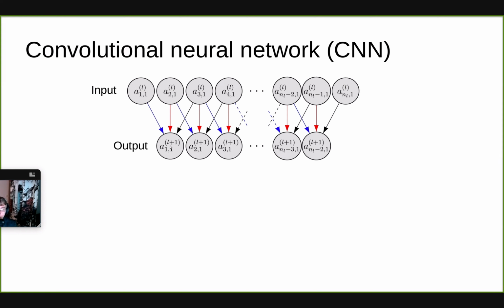Then the way that we get an output in a convolutional neural network layer is that for each element in the output, you only consider some local subset of the input.